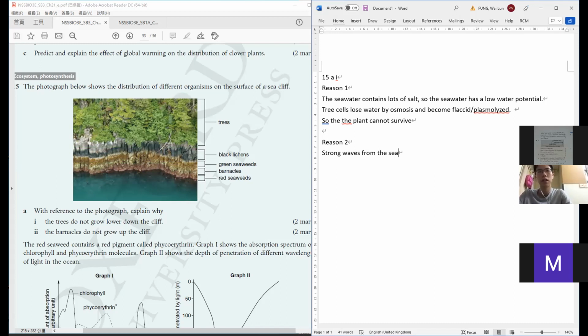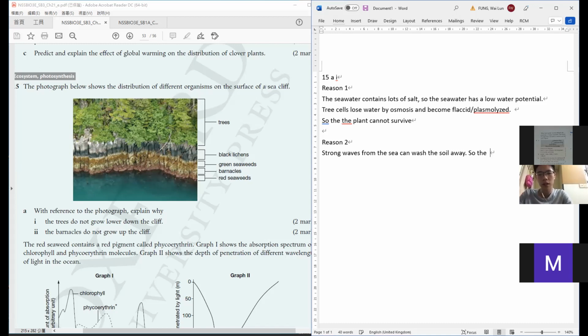Strong waves from the sea can wash the soil away. Do you get it? Yeah, wash the soil away.